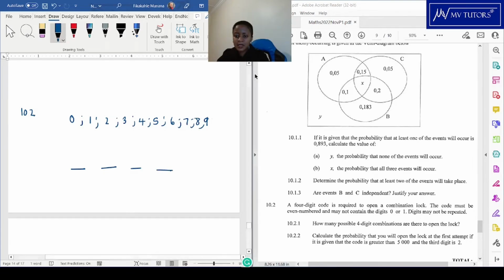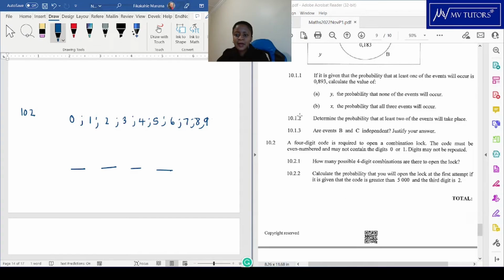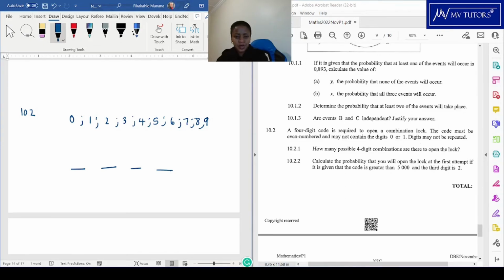And they also said it must be even numbered. So in this last block over there, you can either choose between 2, 4, 6, or 8. Okay? And they said we do not include 0 and 1. All right?